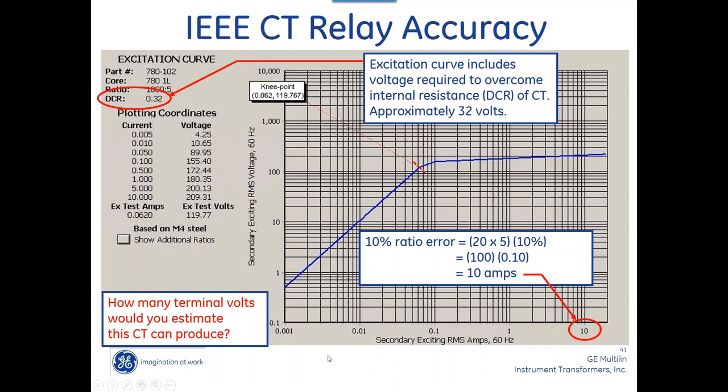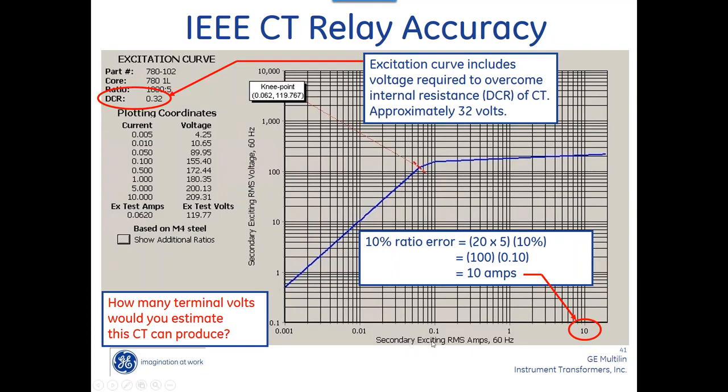Okay, this is the most confusing slide of the whole presentation. If you understand this slide, you're an expert on CTs and PTs. What we're showing here, on the vertical axis, is the excitation voltage. That's how much voltage I can produce across the secondary terminals.